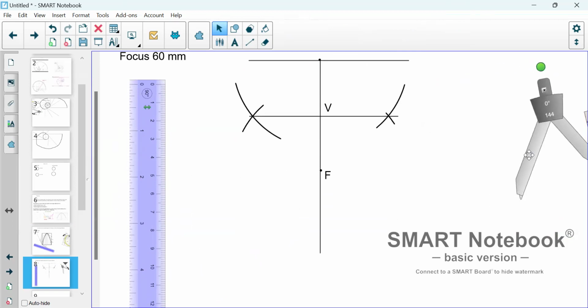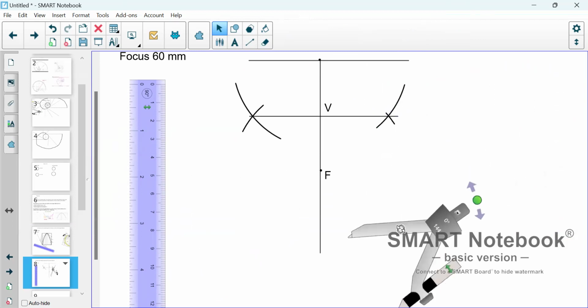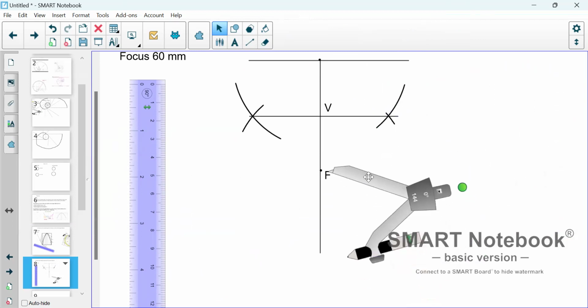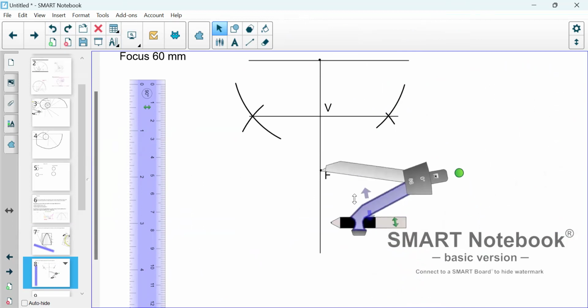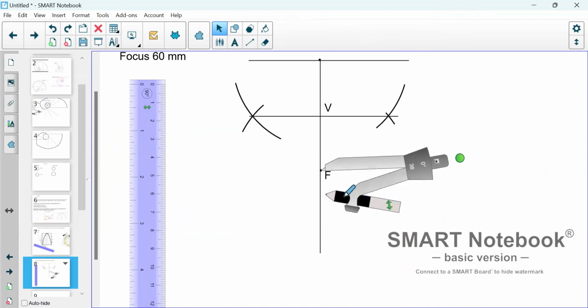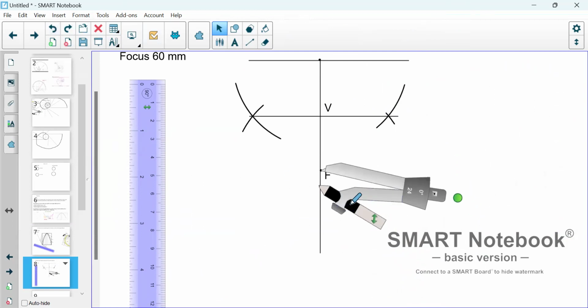Now what we do, we mark off some equal points from F coming downwards. All right, we mark off some equal points. So let's reduce that slightly. Good.